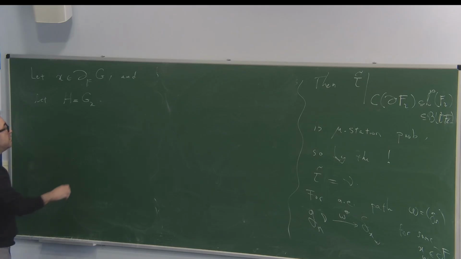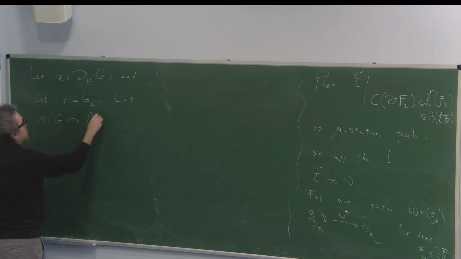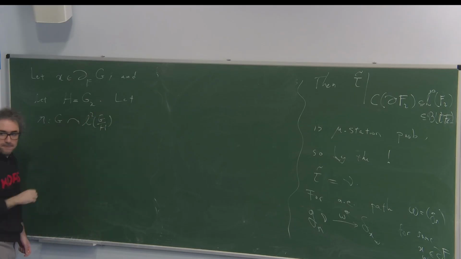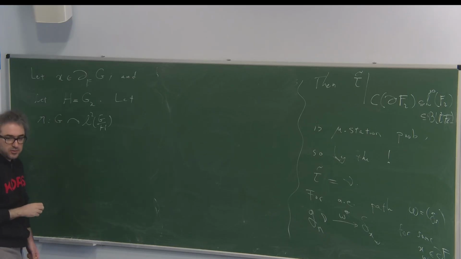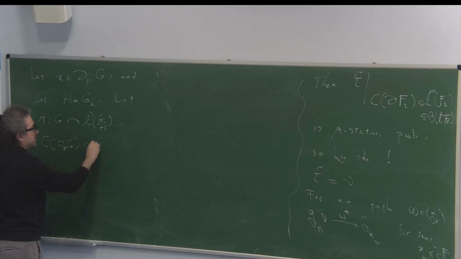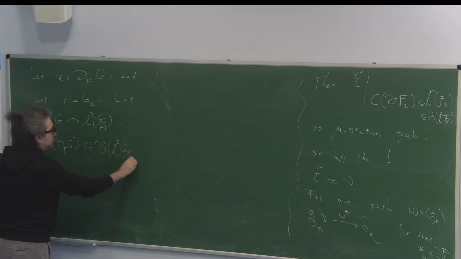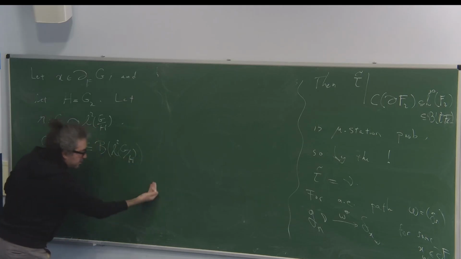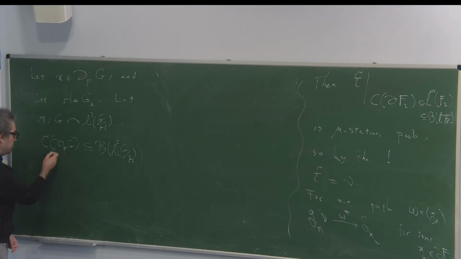Now, let pi be the representation of G on L2 of G mod H, just by translations. This is a quasi-regular representation. And I want to also embed continuous functions inside B of L2 of G mod H as follows. Maybe I give it a name as before.